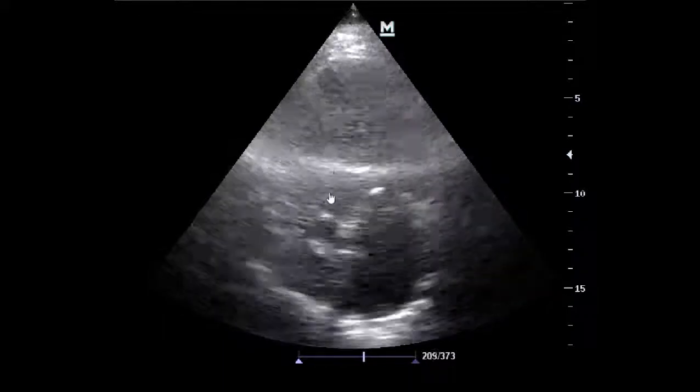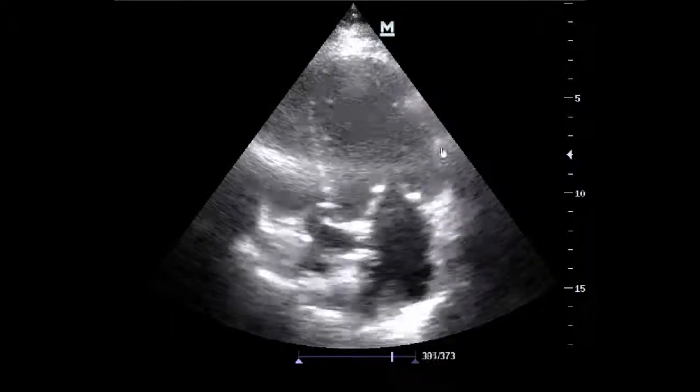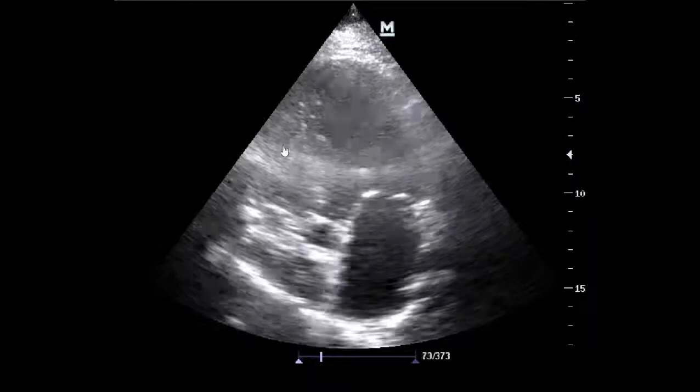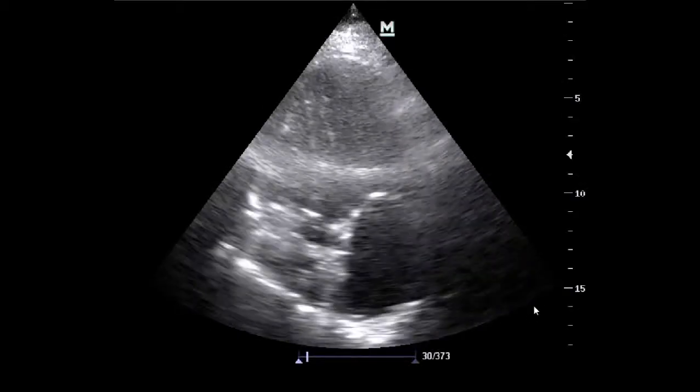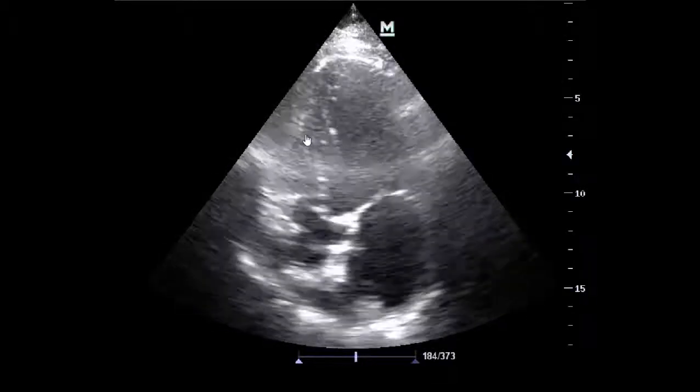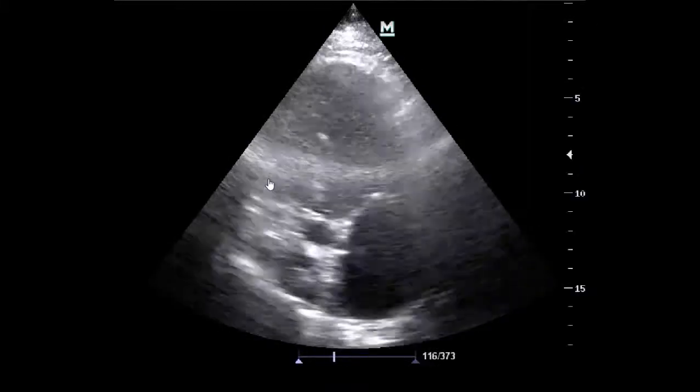There is also almost akinesia in the basal septum, and overall ejection fraction is almost 20%. You see here the right ventricle is almost collapsing with contraction. I'm sorry, this is not a good picture, but the patient has a difficult window. But you can see the right side is collapsing. This is also a sign of hypovolemia.